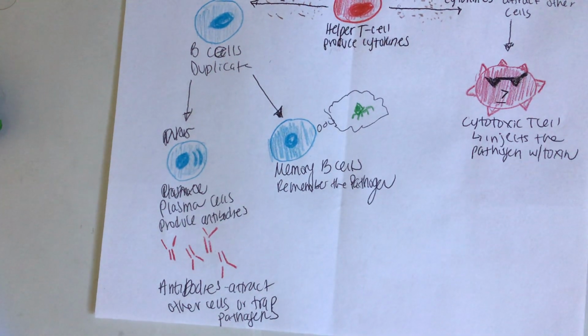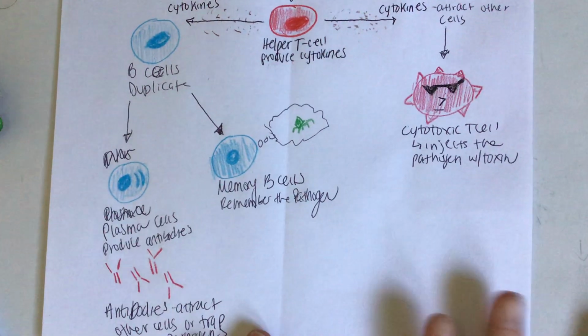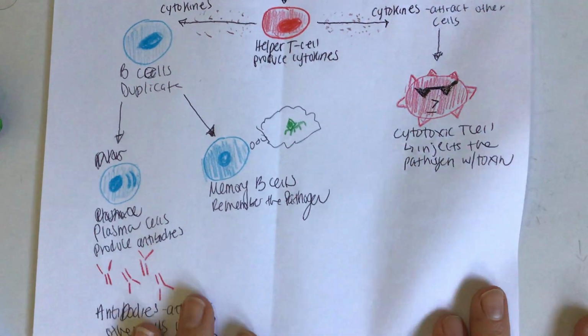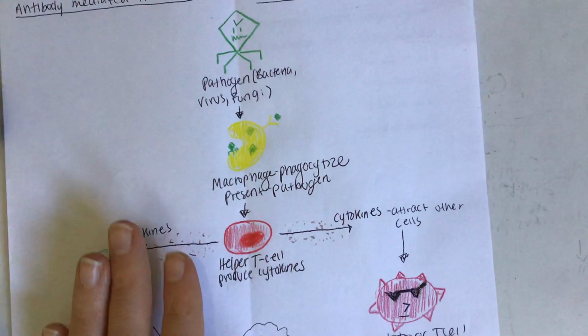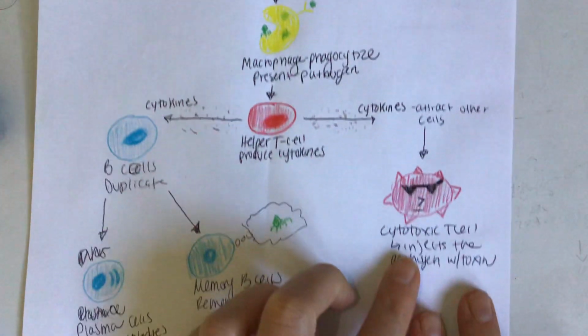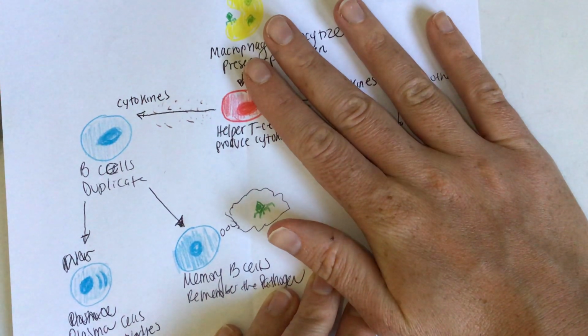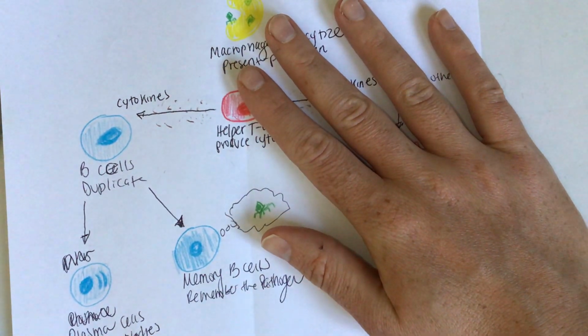Let's see. The other thing I wanted to talk about is HIV. So HIV is something we're familiar with most likely as well. And what HIV does is it actually is going to hijack your cytotoxic T cells over here. So basically, it's not going to let your cytotoxic T cells kill anything or do anything.